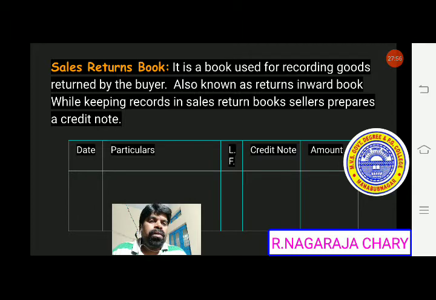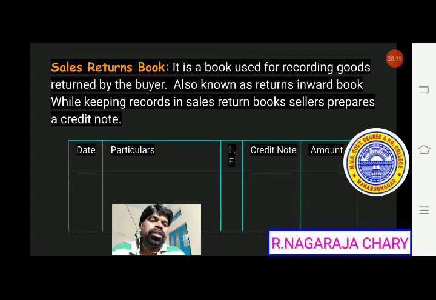So, on what date we purchased, on what date we sold the goods, to whom we sold, on what page we return, and the credit note number and amount. This is the information we have to maintain in the sales returns book.